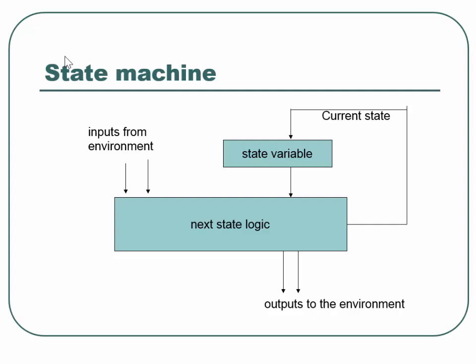Now, there are ways where you can have a state with different outputs. I prefer to keep my life simple, so every state has a particular set of outputs. Going back to the example that I gave a few minutes ago, let me just go back to my example here.